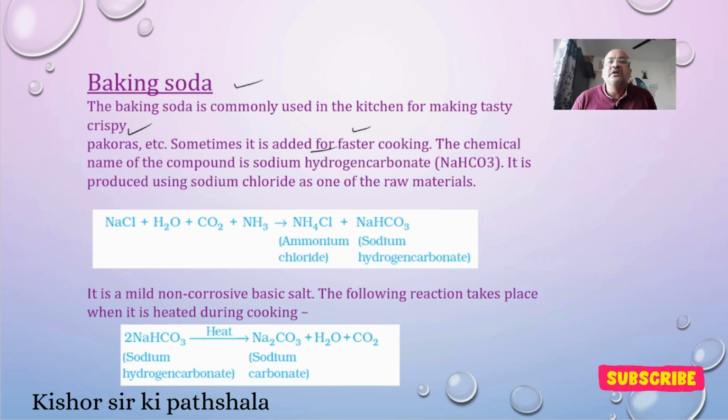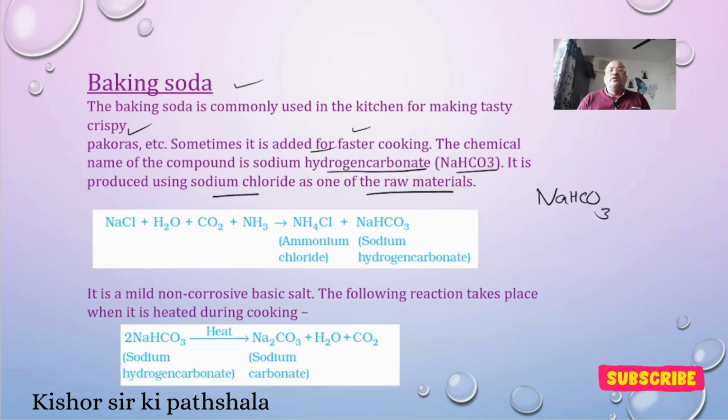Sodium hydrogen carbonate, right? So sodium hydrogen carbonate, that is NaHCO3. It is used in many productions. It is produced using sodium chloride as one of the raw materials.